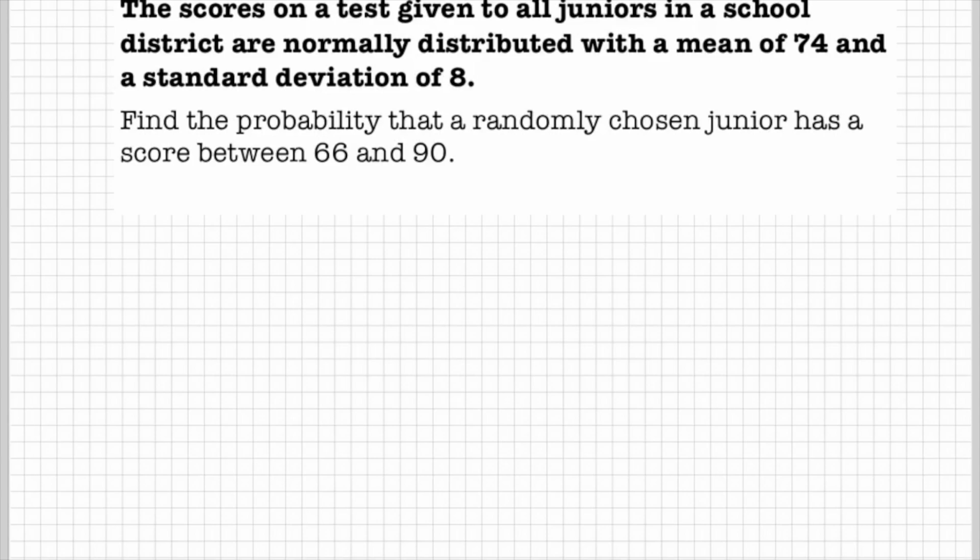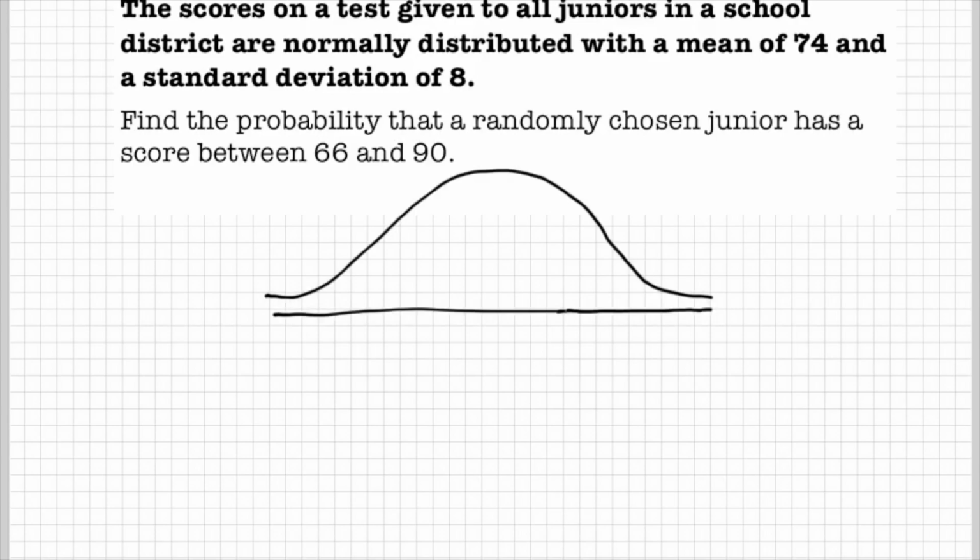All right, so for this part, we have to draw a bell curve. It says the scores on a test given to all juniors in a school district are normally distributed with a mean of 74 and a standard deviation of 8. We have to find the probability that a randomly chosen junior has a score between 66 and 90. So you're going to make a bell curve down below.